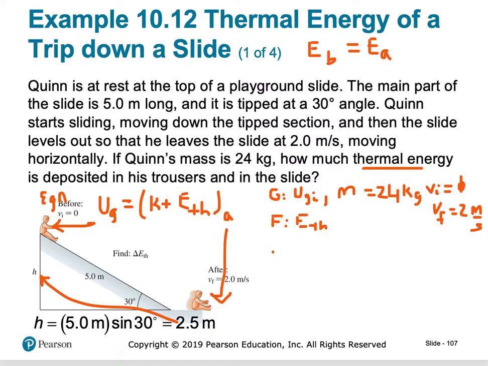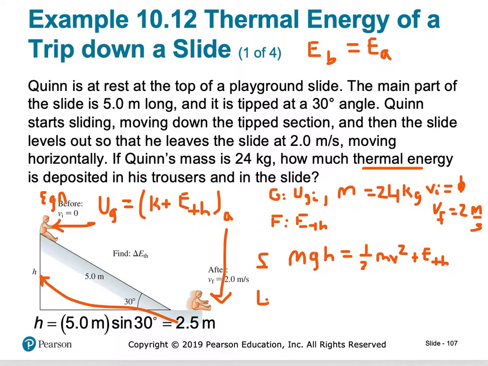So we need to set up our equation, which we did, and now we need to solve it. Our initial potential energy is mass times gravity times height, and that's got to be equal to the kinetic energy, 1/2 mv squared, plus E thermal energy. So we need to solve for E thermal.